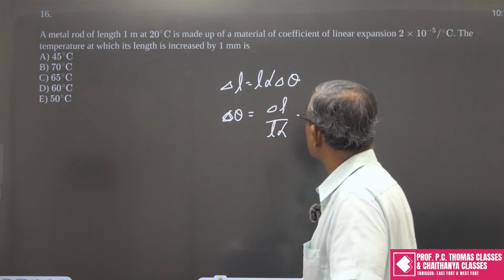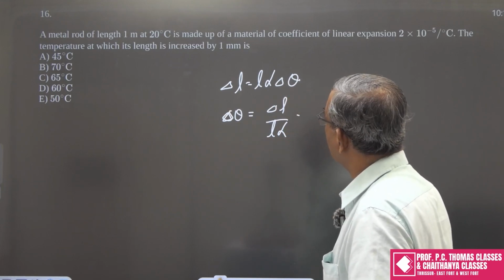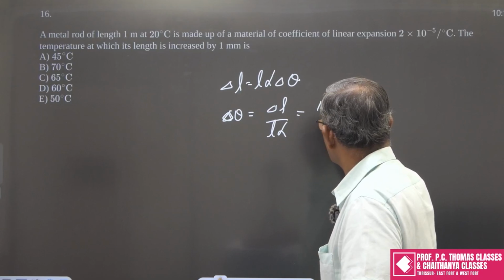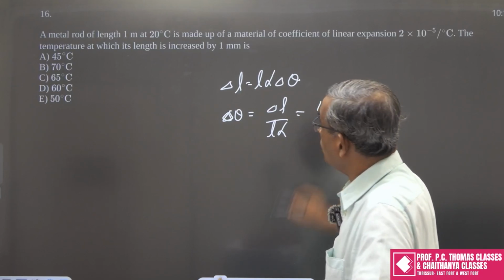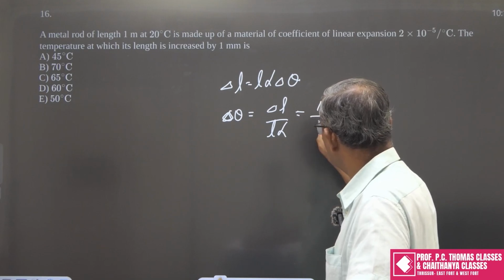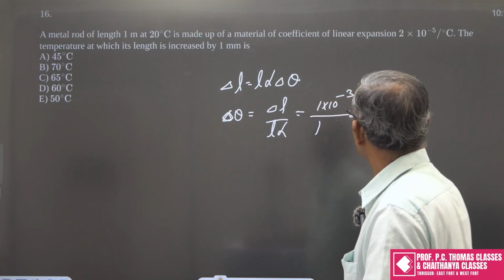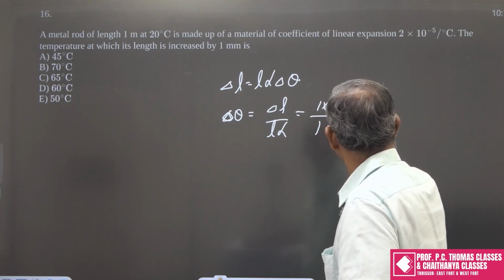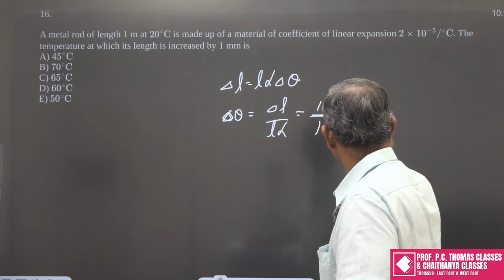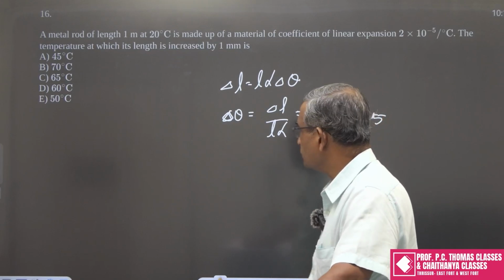Delta L required is 1 millimeter, which is 1 into 10 raised to minus 3 meter. Length of the rod is given as 1 meter. Alpha, the coefficient of linear expansion, is given as 2 into 10 raised to minus 4.